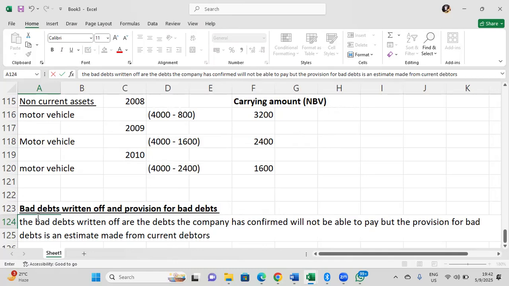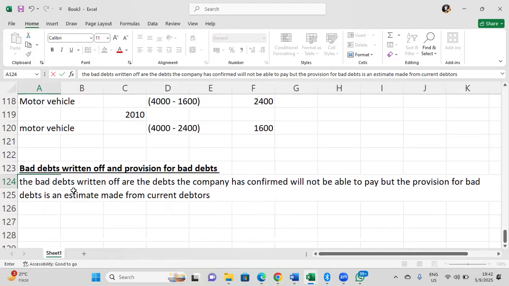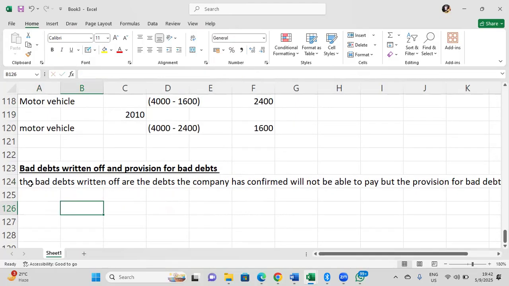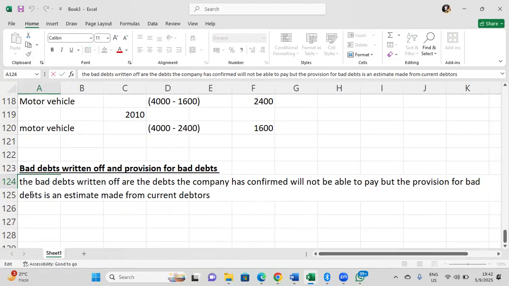Then we need to always create an estimate of people who will fail to pay. That's the provision for debtors. It's an estimate of those that will fail to pay.